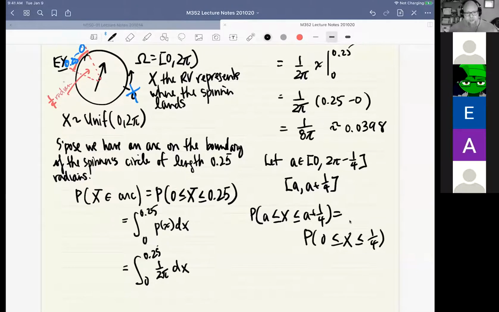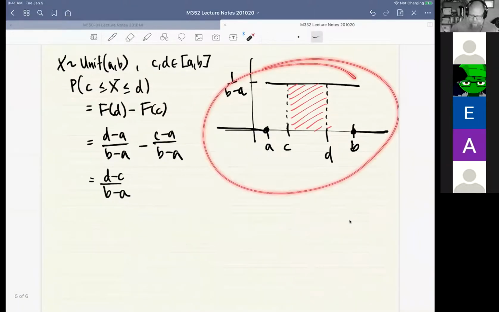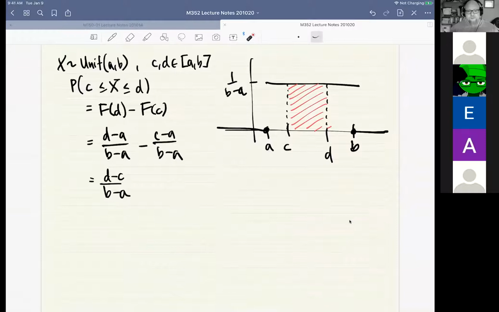And this is why we call it a uniform distribution, because the spinner is equally likely to end up in any interval of length 1/4. The only thing that affects the probability of the spinner landing in an interval is the length of that interval. You can see that from this picture of the PDF. If the probability is the area, the only thing that affects it is how long you choose that interval to be.